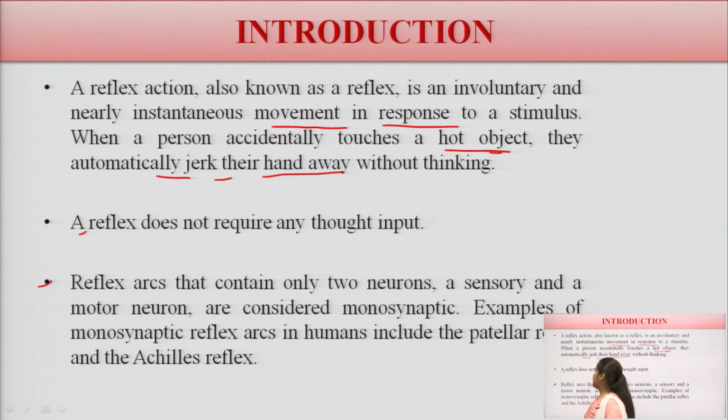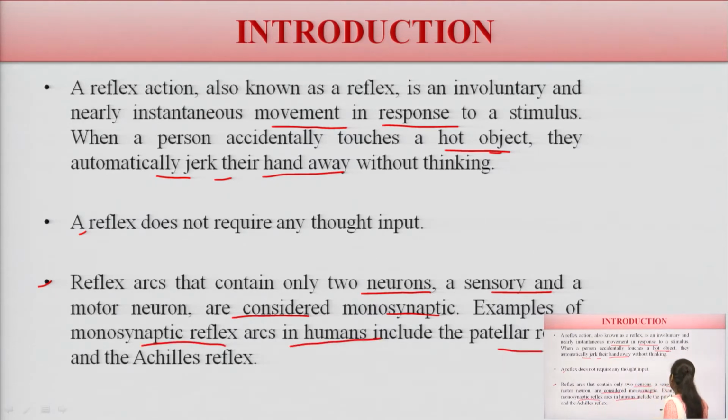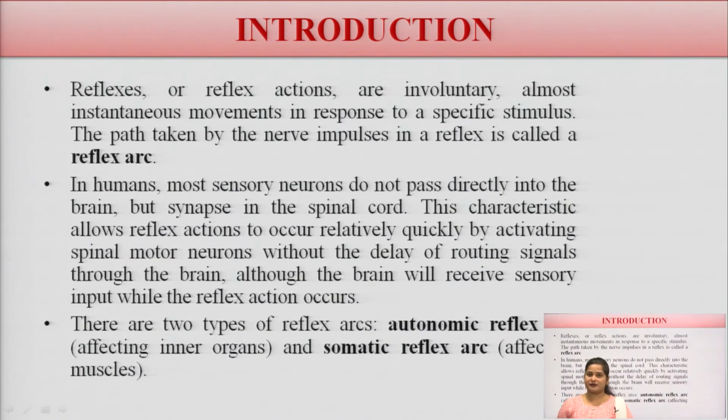Now, a reflex arc that contains only two neurons, a sensory and a motor neuron, is considered monosynaptic. Examples of monosynaptic reflex arcs in humans include the patellar reflex and the Achilles reflex. These are the various types of reflexes we will discuss later.